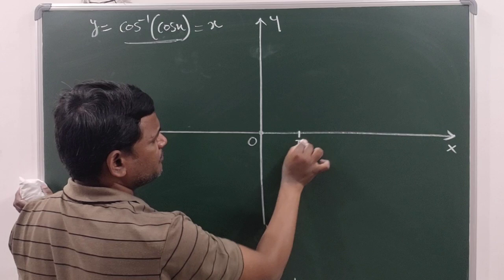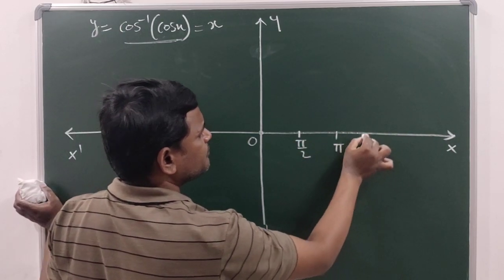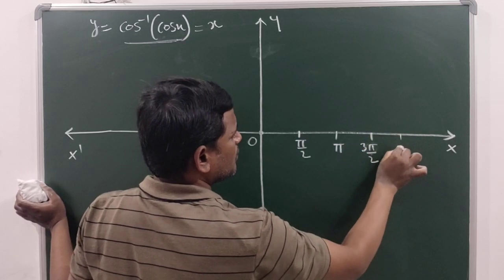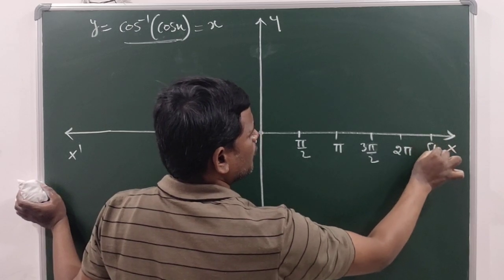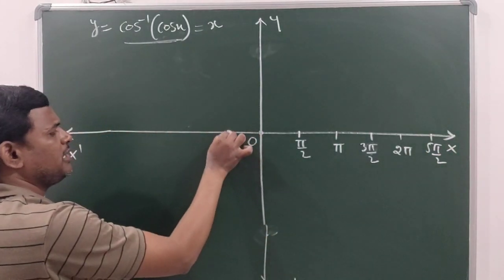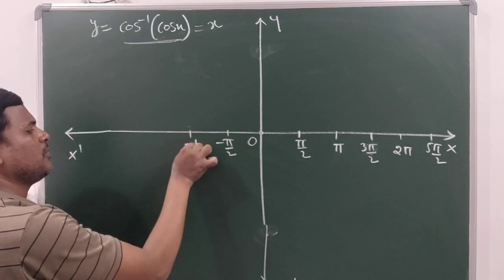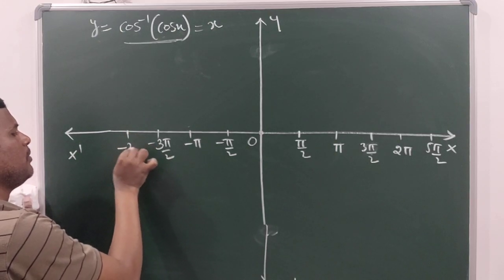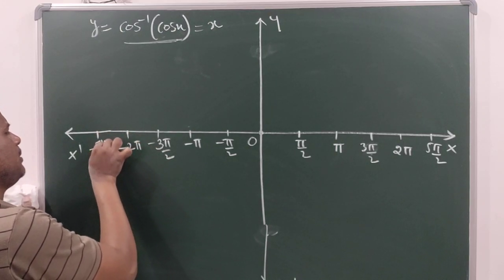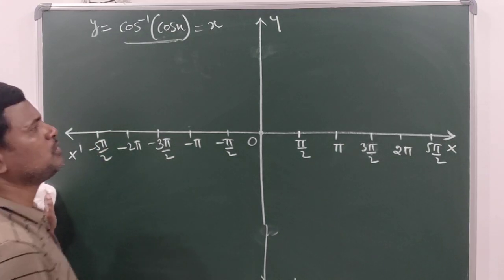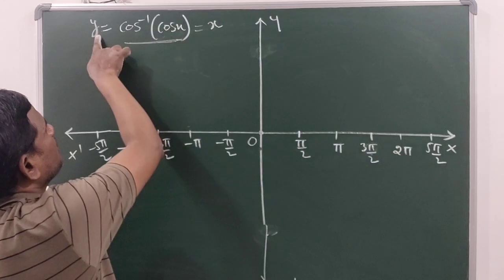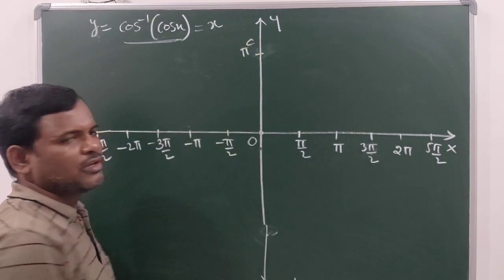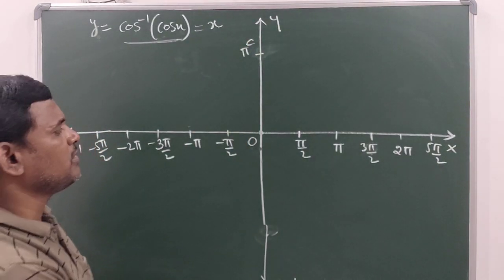Here it is 90, pi, 270, 2 pi, 450, and here it is minus 90, minus pi, minus 3 pi by 2, minus 2 pi, minus 5 pi by 2. So on the y axis, y belongs to 0 to pi, so we get the graph from 0 to pi only.